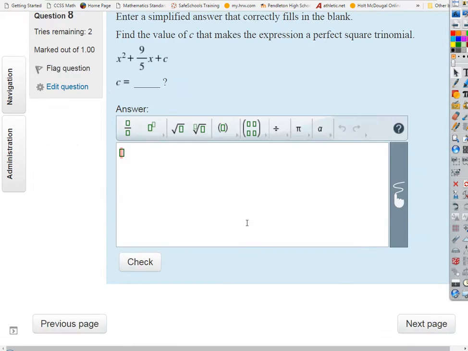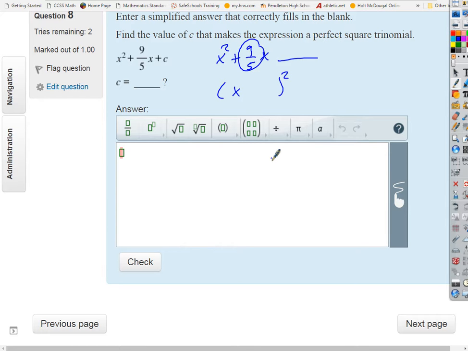Okay, what about this one? This is one I want to just look at real quick. So now we know, and let's actually write this in the context of completing the square. If we were doing a problem, it would look like this: x squared plus 9/5 x. And then half of 9/5 is what? To find half of something, you can either divide by 2 or multiply by 1/2.